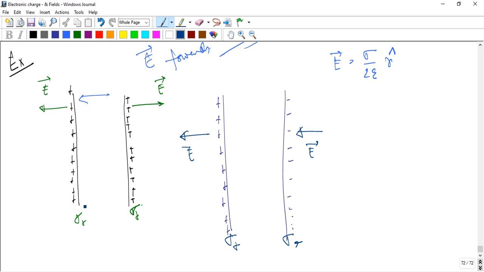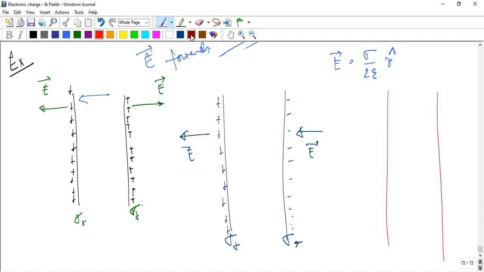Where both plates are positive, the fields point in opposite directions, and if one is plus and the other is minus, they point in the same direction: left to right from the plus plate, and right to left from the minus plate.